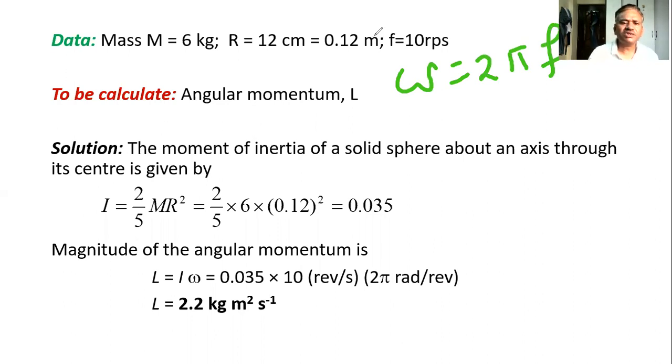So it is 2 pi into f, where f is 10. Then it turns out to be 2.2 kg meter square per second. Sorry, this is not the moment of inertia, it is angular momentum.